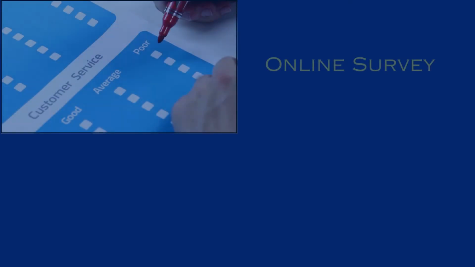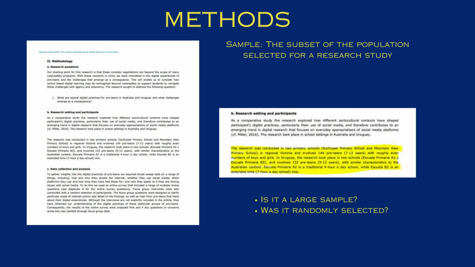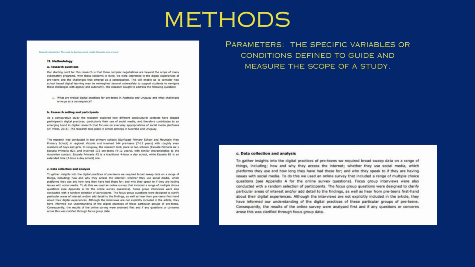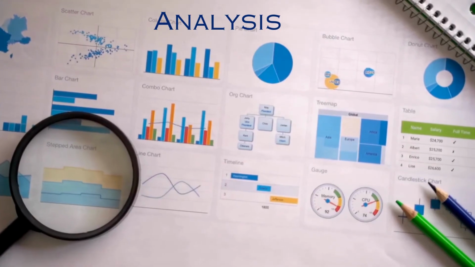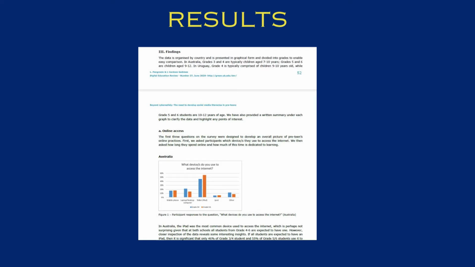These authors used an online survey and focus group interviews. The sample is the population studied, noting its size and composition. Parameters are guidelines for data collection, even if not explicitly mentioned. The analysis is the formula or process used to analyze the data.